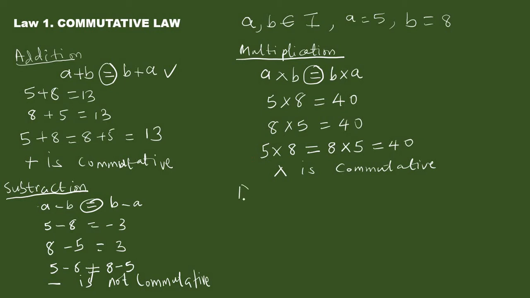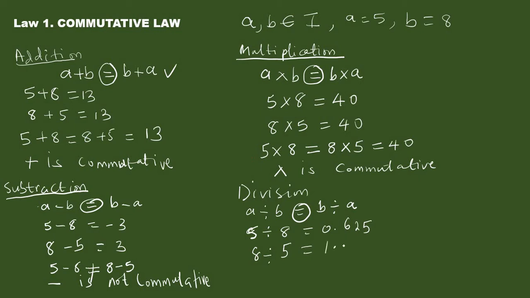Now let's see division. Is division commutative? We are looking at A divided by B. Is it going to give us the same result as B divided by A? For A divided by B, I have 5 divided by 8, which will give us 0.625. And then 8 divided by 5 will give us 1.6.